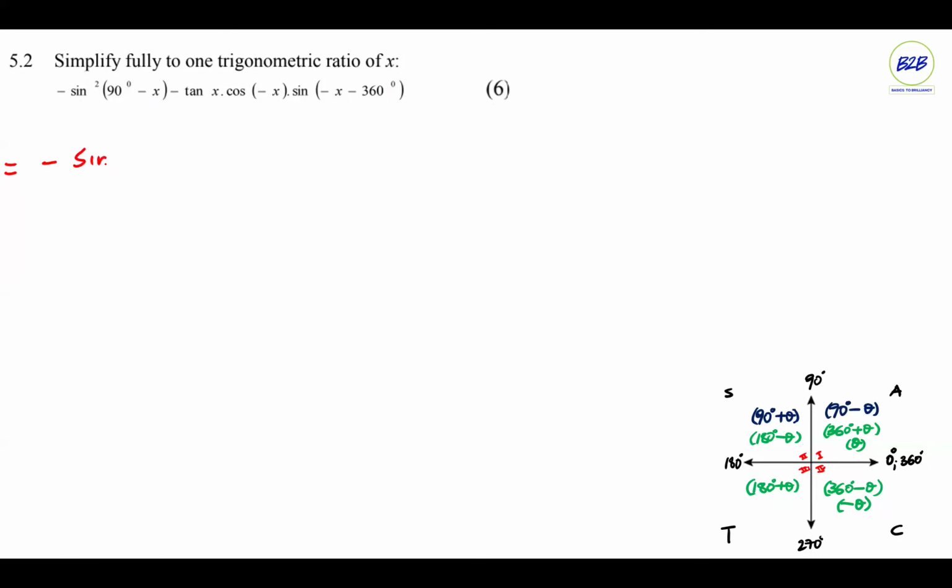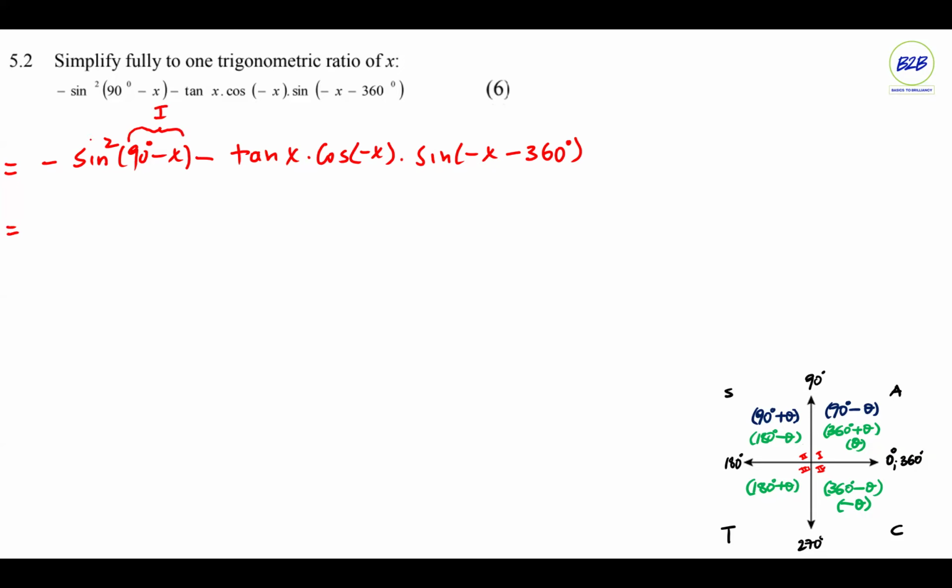Minus sine squared 90 degrees minus x minus tan x cos negative x sine minus x minus 360 degrees. All right. So we have ourselves 90 degrees minus x, which represents the first quadrant.